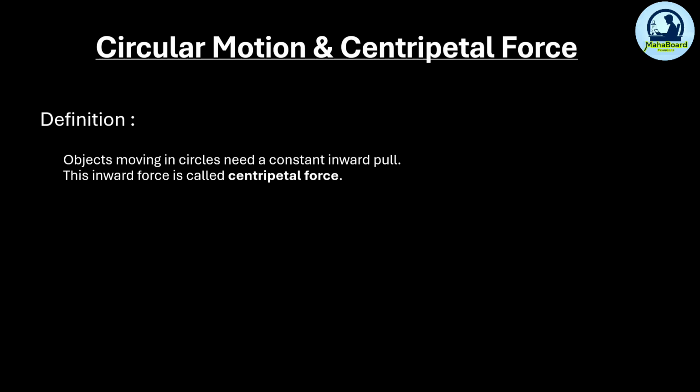That means if you cut the string suddenly, the stone will fly away in a straight line, not continue in a circle. So, for circular motion to continue, a force must be applied on the object towards the center of the circle.